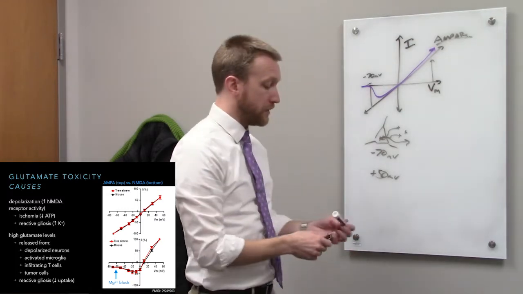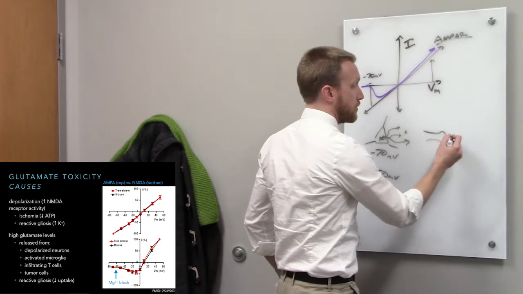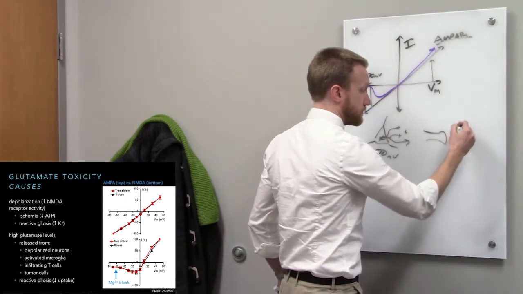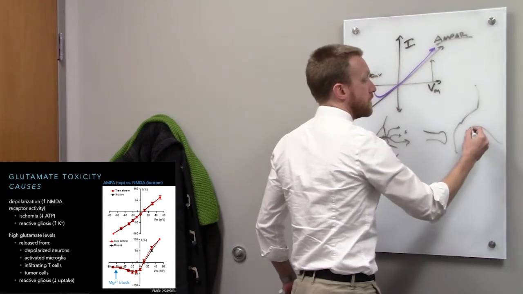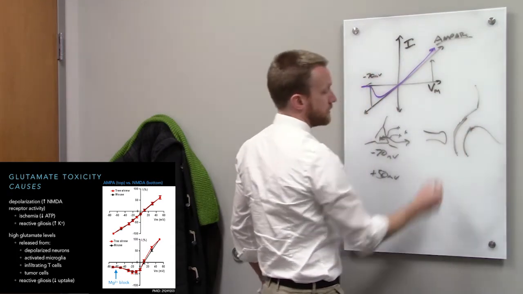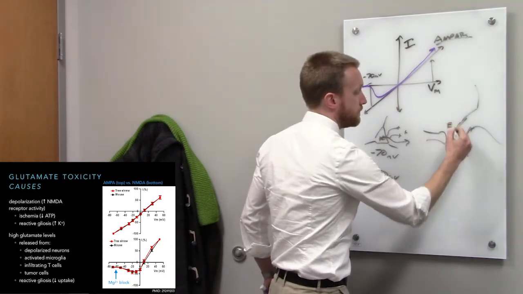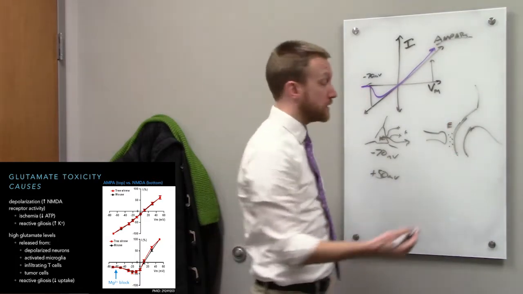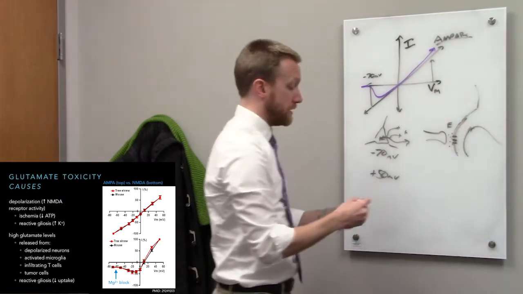But for now, what we need to realize is that when neurons are communicating under normal basal conditions, let's say here's a nice dendrite, and here's the axon. When we release glutamate, this is primarily going to stimulate Ampa receptors if the neuron is resting.